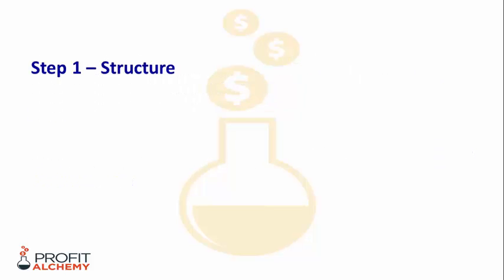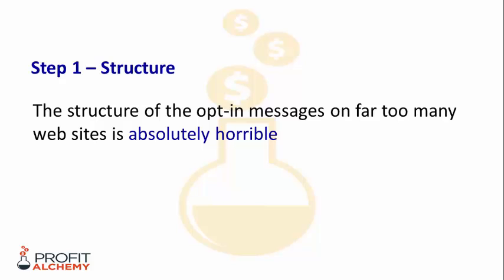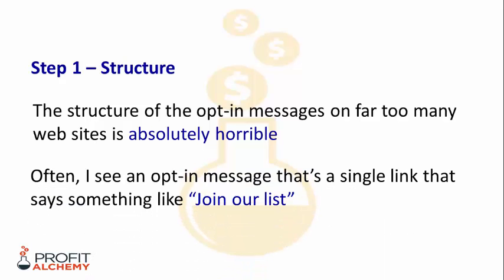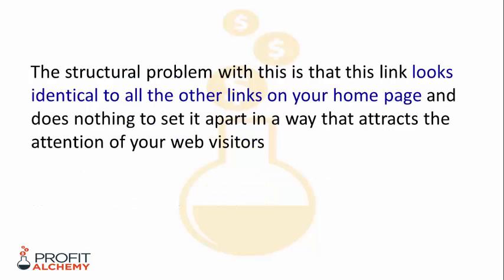Step 1 is the structure of your opt-in process. The structure of the opt-in messages on far too many websites is absolutely horrible. Often I see an opt-in message that's a single link that says something like, join our list. Well, that's really exciting, right? But the structural problem here is that this type of link looks identical to all the other links on your homepage.